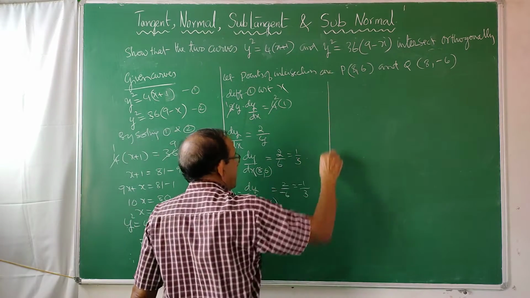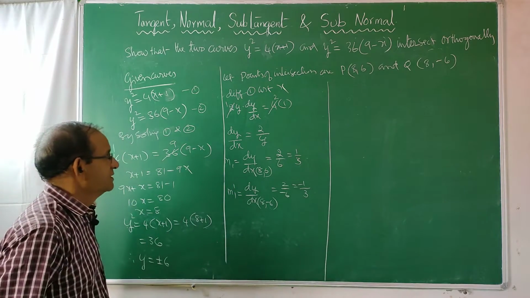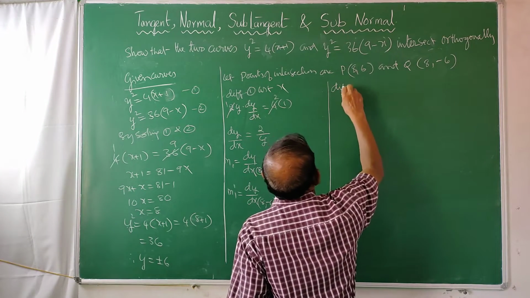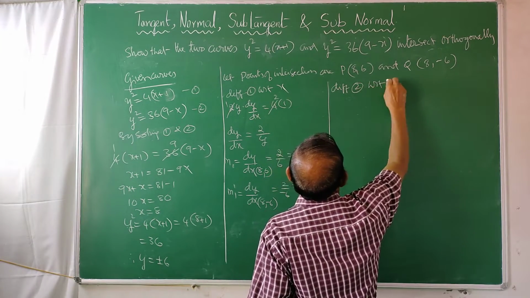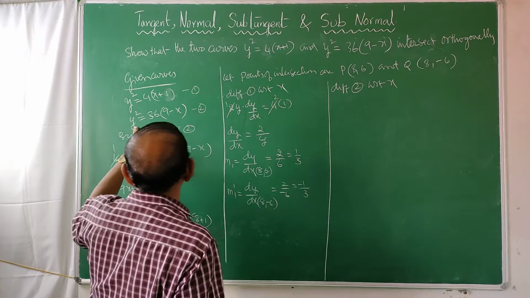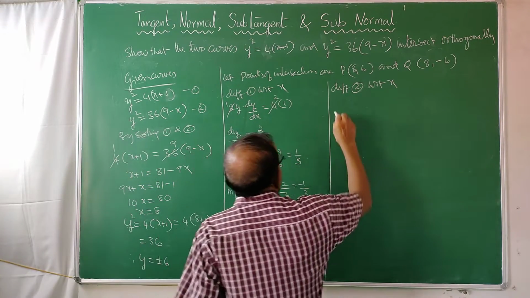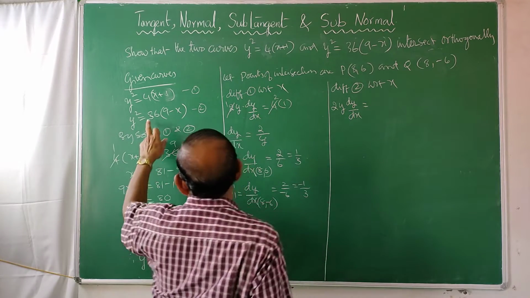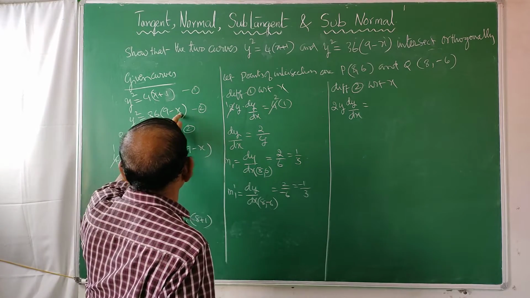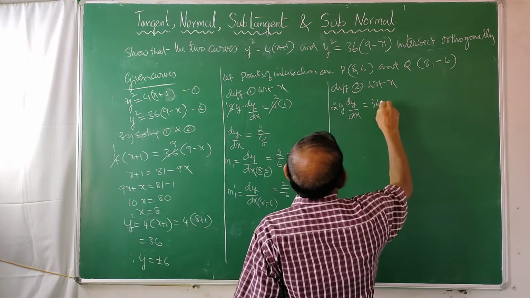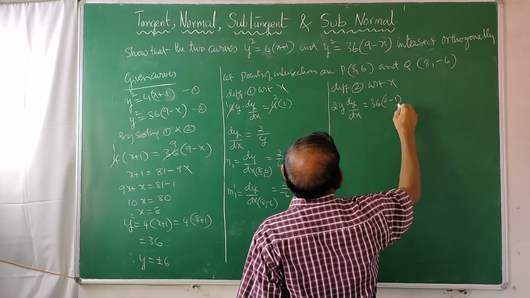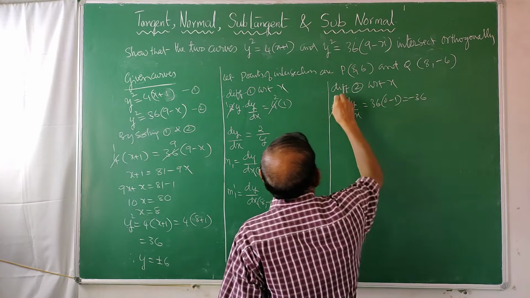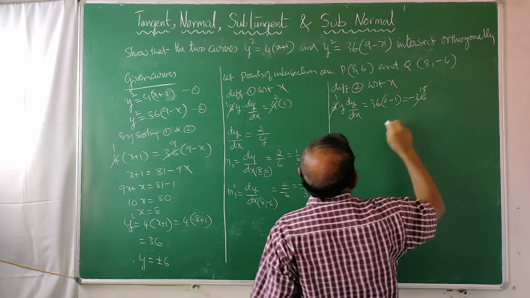Now differentiate the second equation also with respect to x. Differentiate 2 with respect to x. Y square derivative 2y into dy by dx is equal to right side 36 into derivative of 9 is 0, x derivative is 1. 36 into 0 minus 1, that is minus 36. Cancel 2 on both sides, 18 you will get.